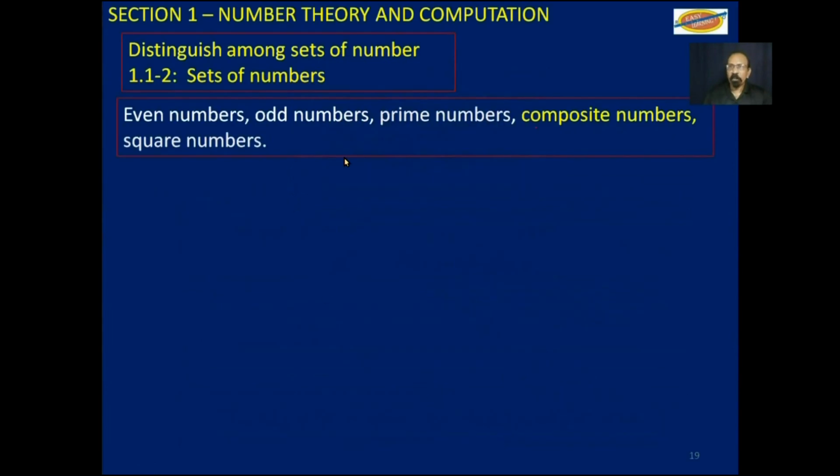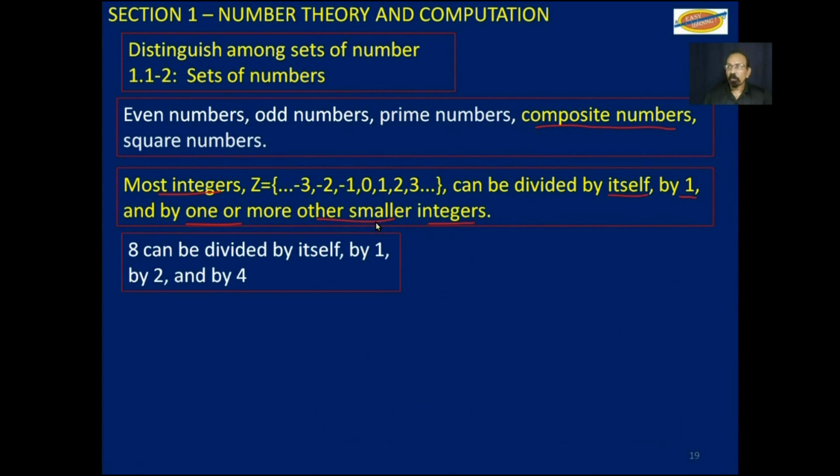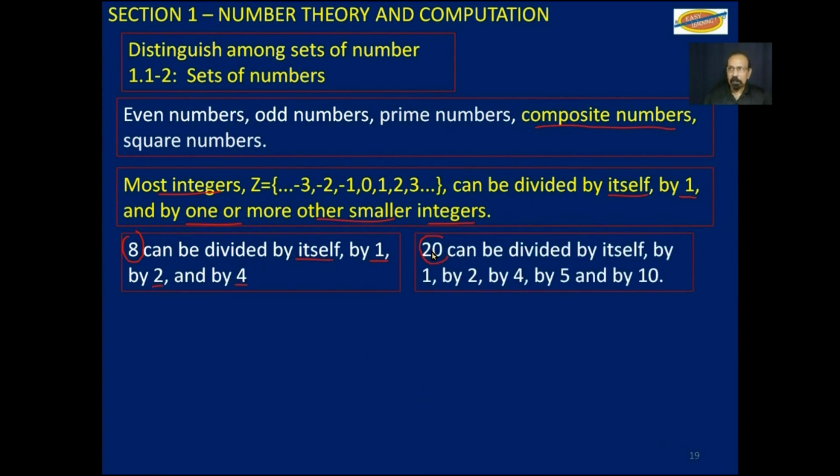All right, now we will talk about composite numbers. As we said, most integers can be divided by itself, by 1, and by 1 or more other smaller integers. We already looked at 8. 8 can be divided by itself, by 1, by 2, and by 4. 20 can be divided by itself, by 1, by 2, by 4, by 5, by 10, without a remainder.